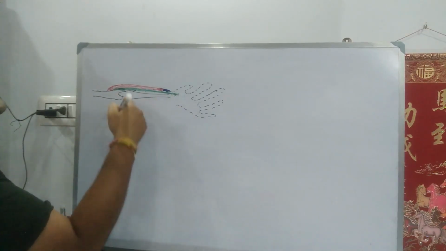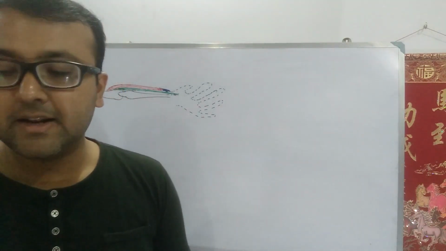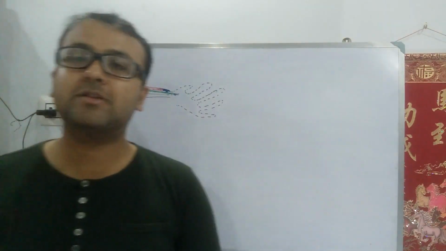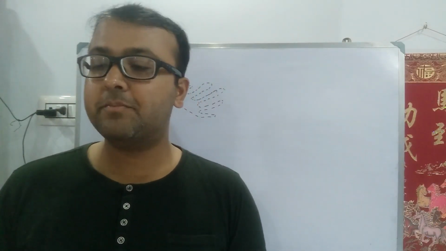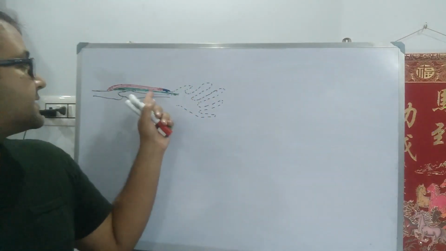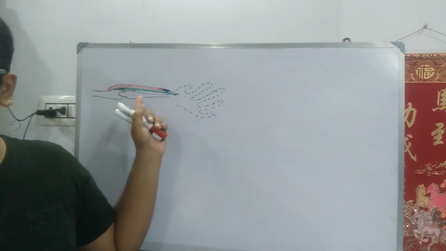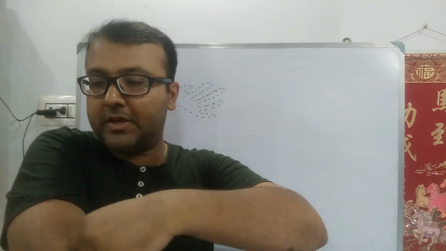Do you realize that this is present laterally? Laterally means, do you realize now that it is related to the radius? So from the name extensor carpi radialis longus, what you can understand is, number one, it's an extensor muscle, because it is going from here.